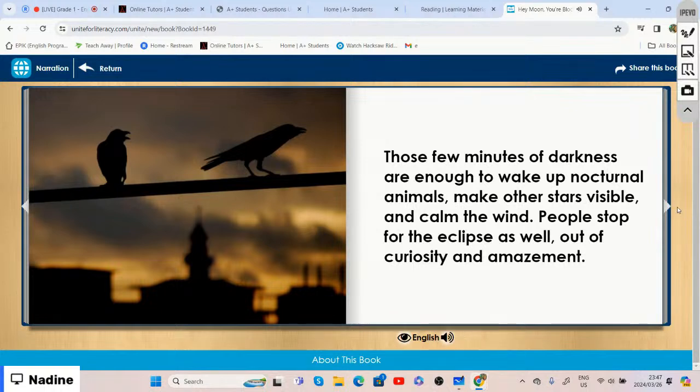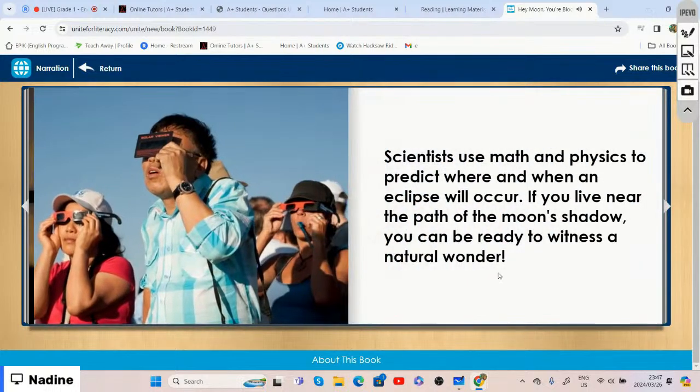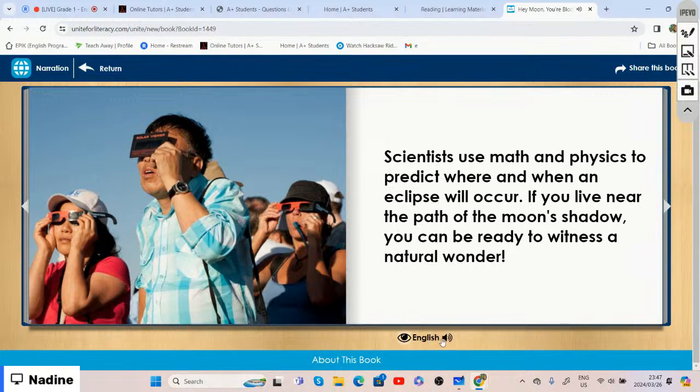People stop for the eclipse as well, out of curiosity and amazement. Scientists use math and physics to predict where and when an eclipse will occur. If you live near the path of the moon's shadow, you can be ready to witness a natural wonder.